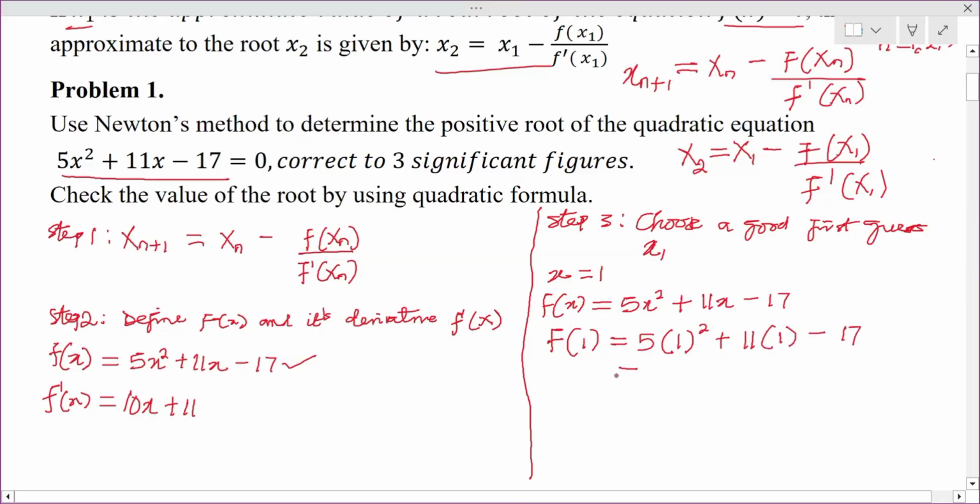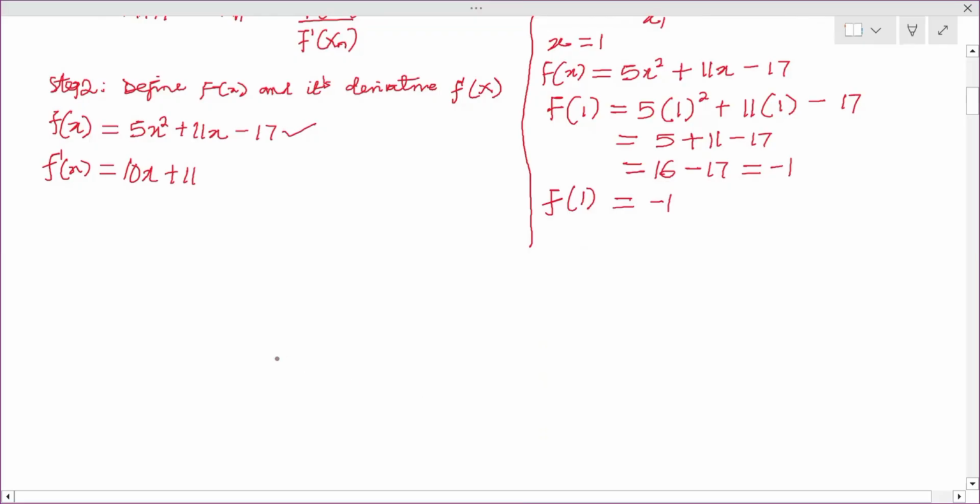If we evaluate this, it will give us 5 plus 11 minus 17, which is 16 minus 17, that will be equal to minus 1. So when you choose x equal to 1, we have that f of 1 is equal to minus 1. Right? So moving on.